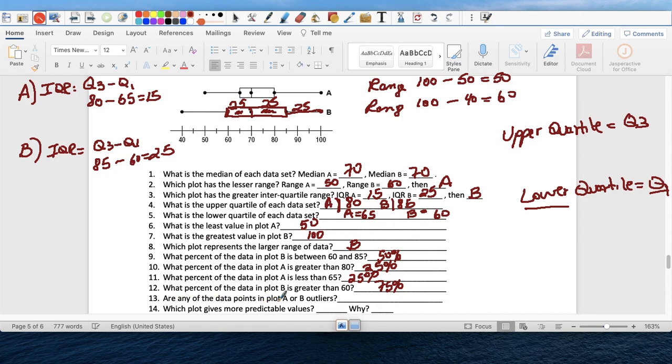Are any of the data points in A or B outliers? ¿Hay alguien en A, B?